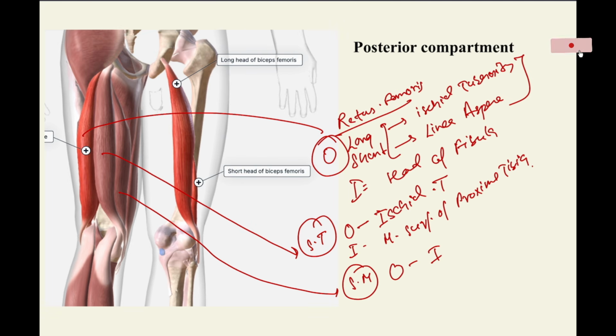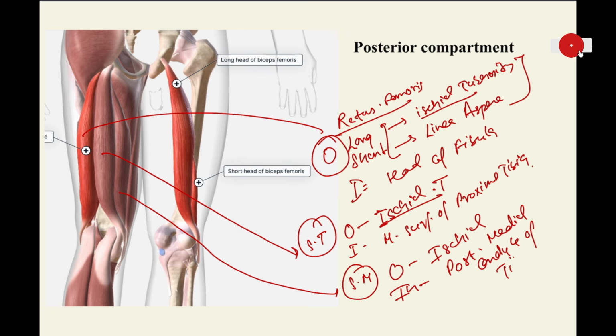The origination point will be again ischial tuberosity, so it is very easy to remember. Okay, and the insertion point will be your posterior part of the medial condyle of tibia. Okay, these are your posterior compartment muscles, primarily talking about the flexors.